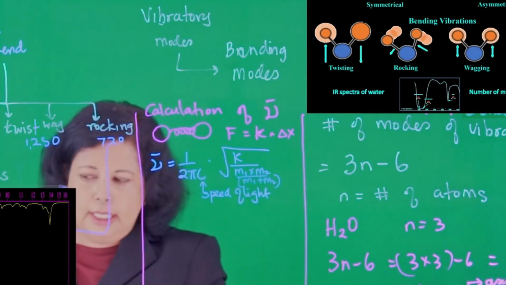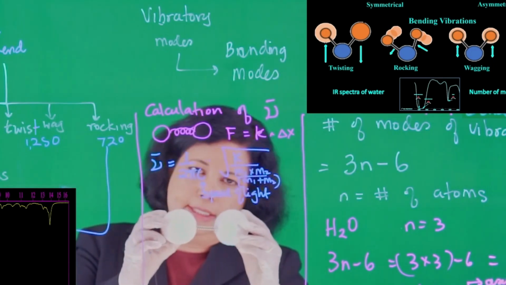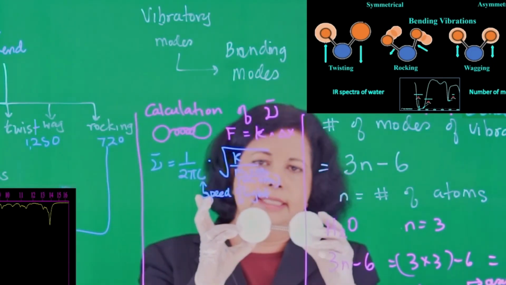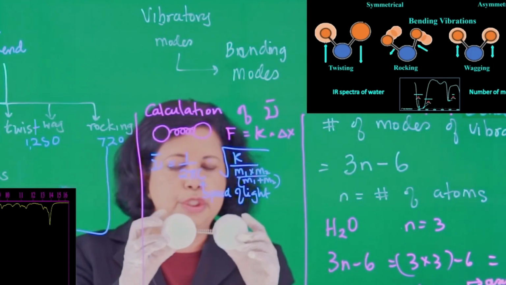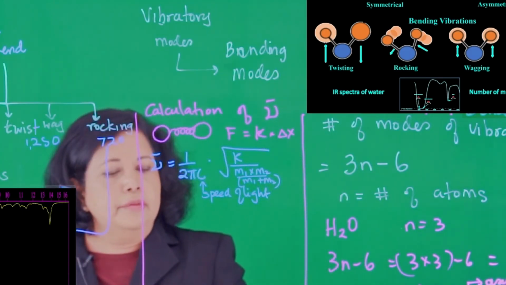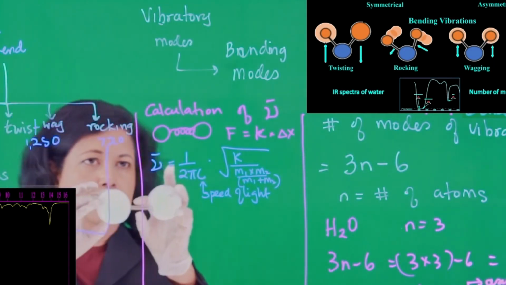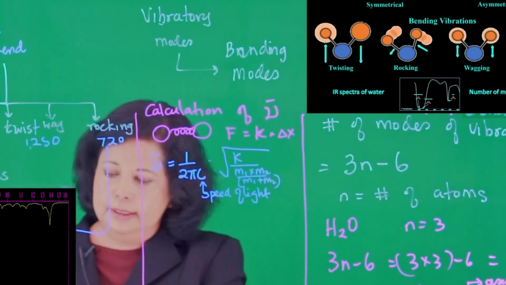Now the m1 and the m2 refer to the atomic masses of this molecule. So let's say this is carbon and this is hydrogen, this is 12 and this would be 1. All right, and the force constant would be very unique to that bond.